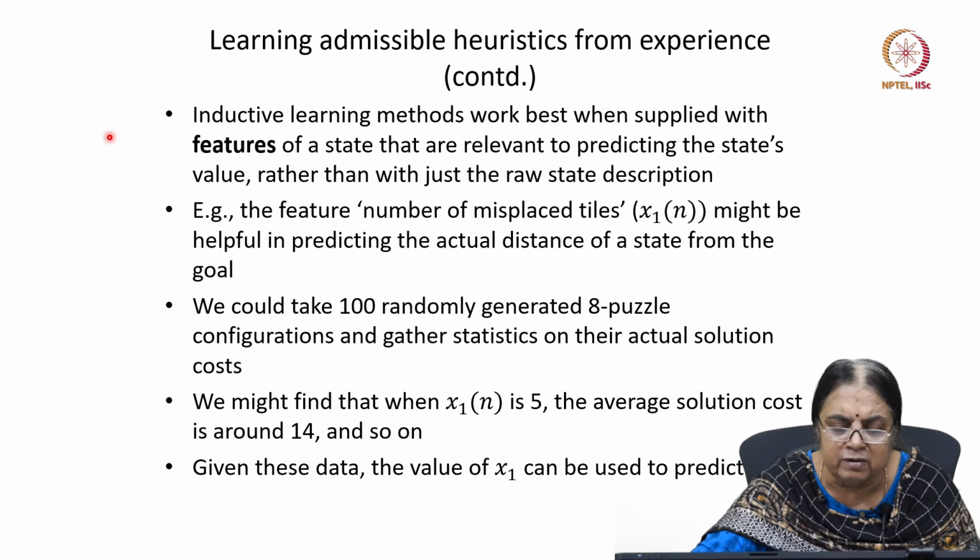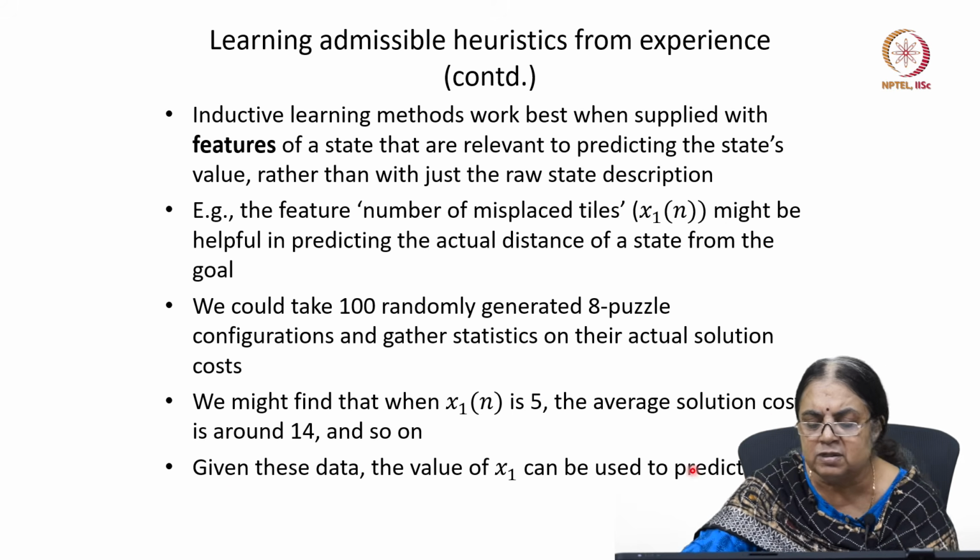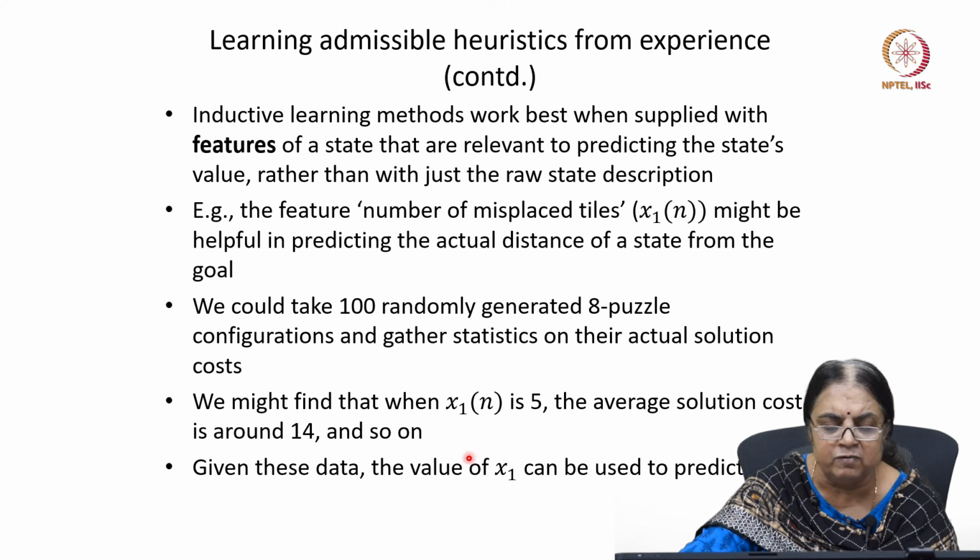We might find that when x1(n) is 5, the average solution cost is around 14. In other words, it takes a path length of 14 to get the solution when x1(n) is 5. So you can use information like this.